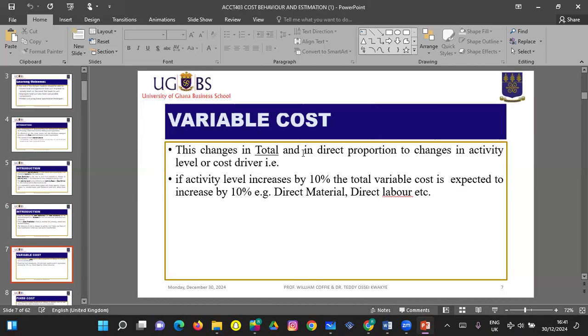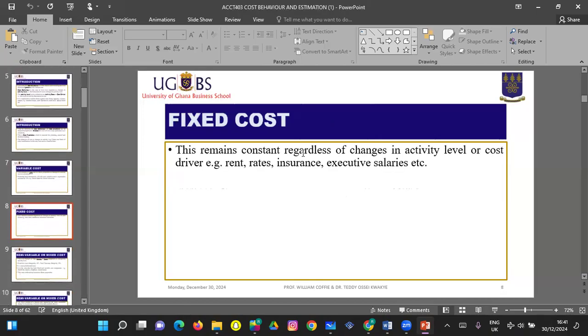If activity level increases by 10%, the total variable cost is expected to increase by 10%. Then fixed cost remains constant regardless of activity level or cost driver. This includes rent and rates. Basically, fixed costs remain constant in a relevant range, but when it is out of the relevant range, we have the step-up cost.